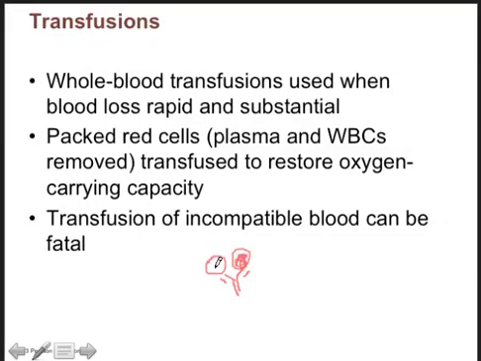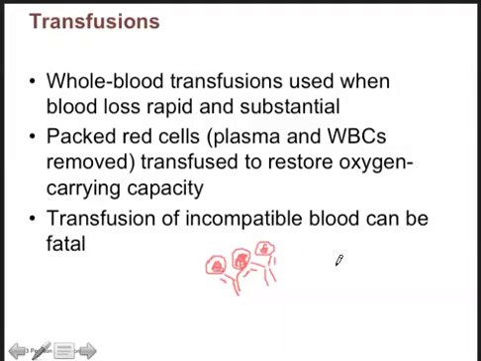What you can see happening here as this complex begins to grow is that eventually we're going to form this high molecular weight complex that will fall out of solution. Eventually these red blood cells will be destroyed in a process called hemolysis. Okay, this is a bad deal.